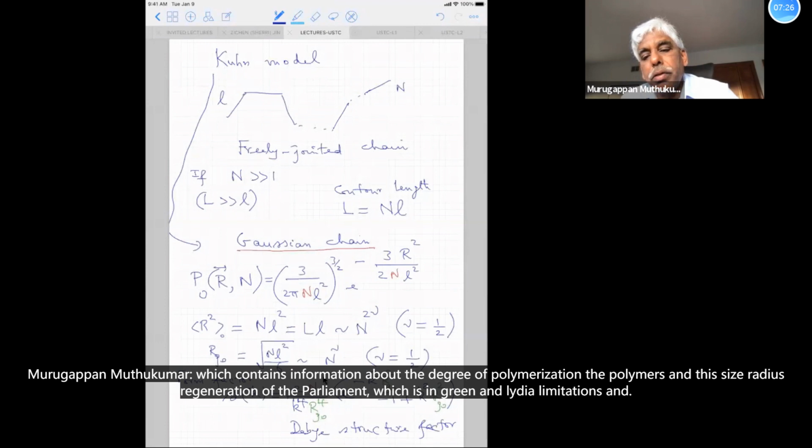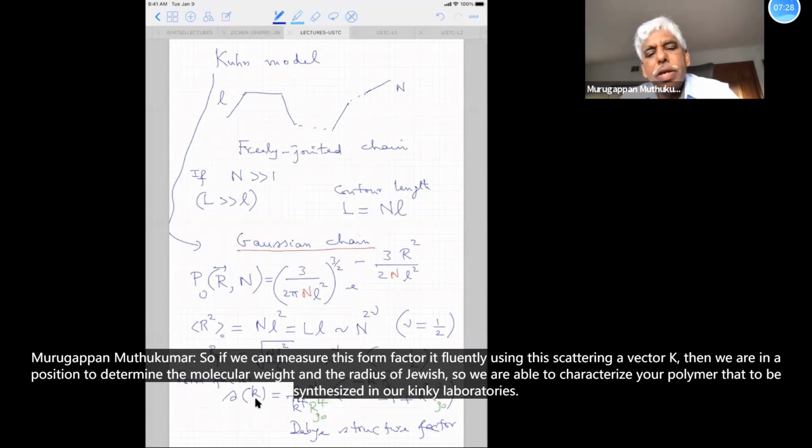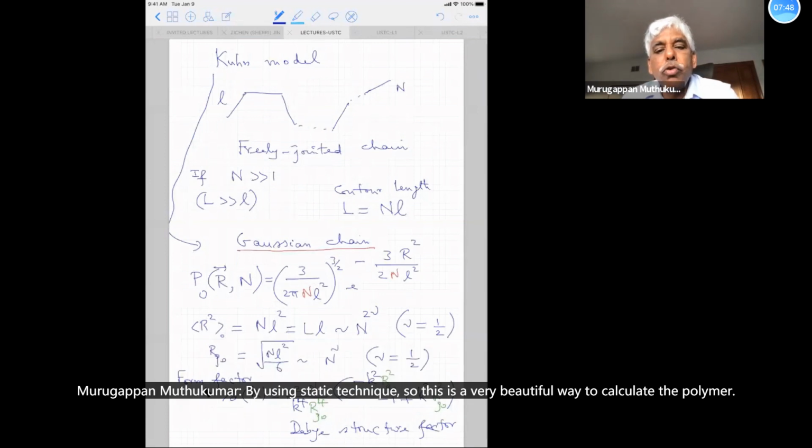So if we can measure this form factor experimentally using the scattering wave vector k, then we are in a position to determine the molecular weight and the radius of gyration. So we are able to characterize a polymer that we synthesize in our chemical laboratories using a scattering technique. This is a very beautiful way to characterize a polymer.